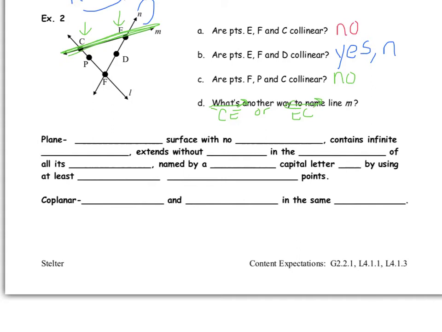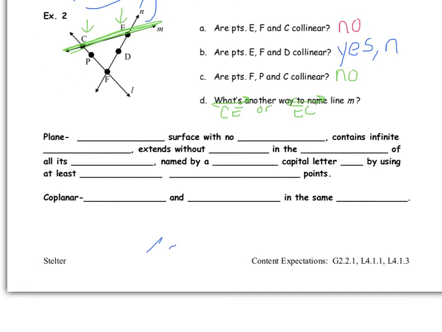Now keep in mind, a plane doesn't physically exist, neither does a point or a line, but we have these ideas of what they would be, and that's what it is. So it's not tangible, you can't touch it, okay? It's kind of like a figment of your imagination. So one more time, it's a flat surface with no thickness.